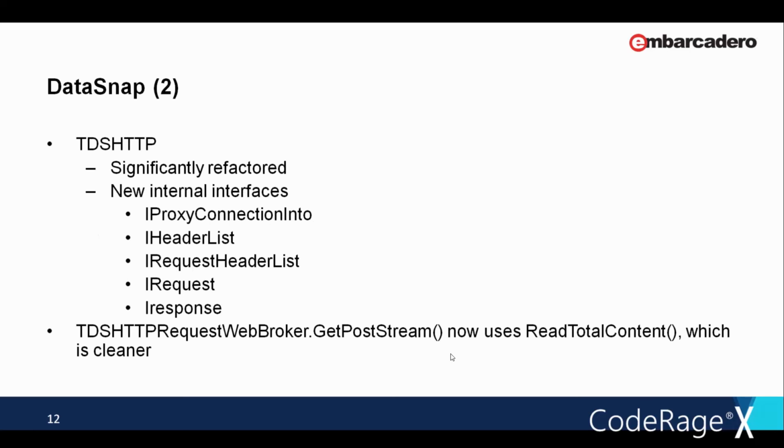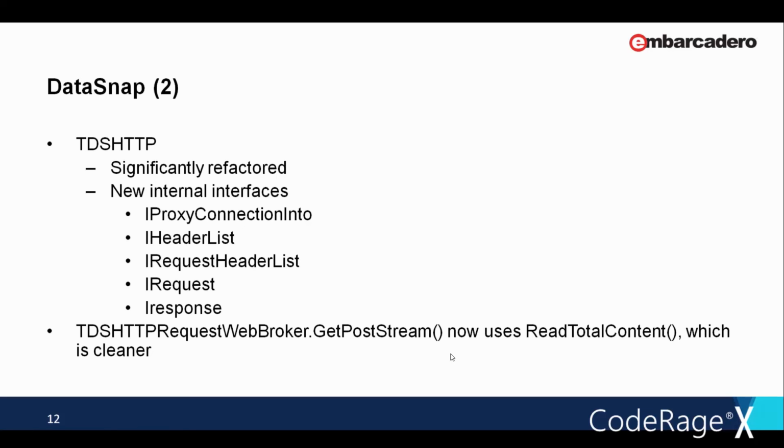More DataSnap changes. There is the DataSnap HTTP component that's been significantly refactored and cleaned up. I think it's a really good pattern to follow for other communication routines that you might need.